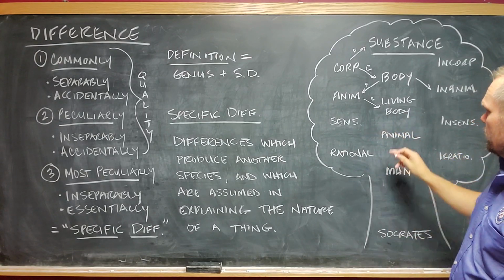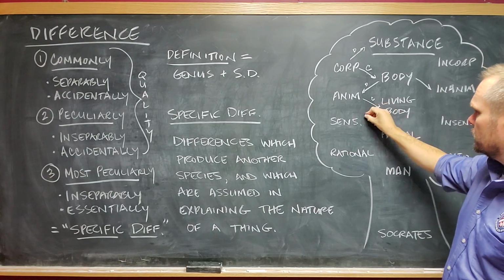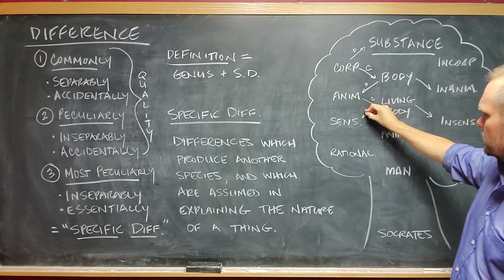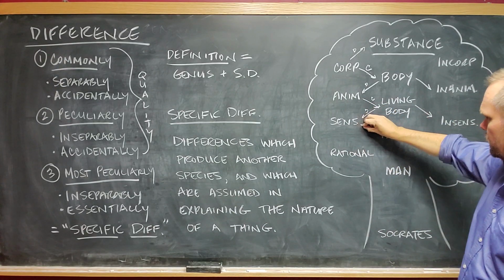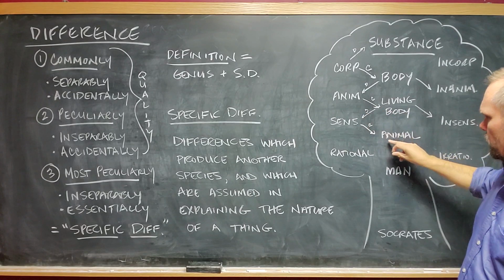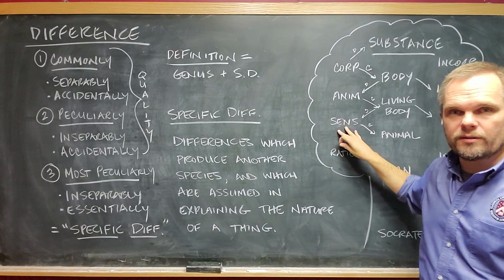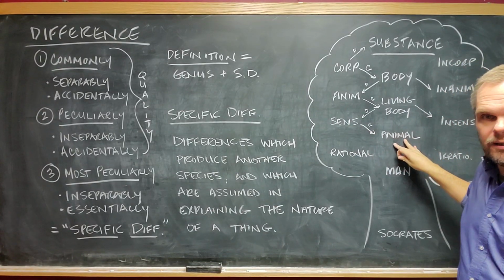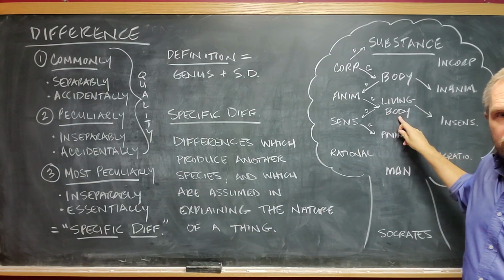And we go on. If we want to divide the genus living body, we can divide it into sensitive and insensitive. That's a divisive difference. But sensitive constitutes animal. So sensitive as a difference is constitutive with reference to animal, but is divisive with reference to living body.